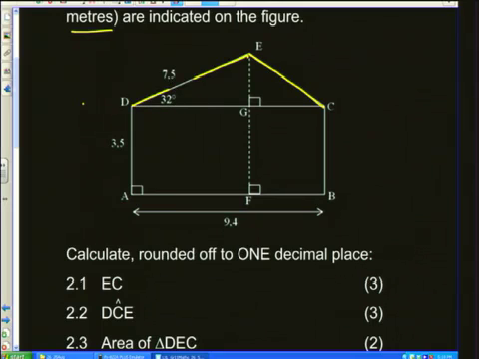Let's fix this with our yellow. There we go. We would definitely like to find out how long EC is. How would you propose, grade 11s? We have 7.5, we've got 32 degrees, and we'd like to find that length over there.